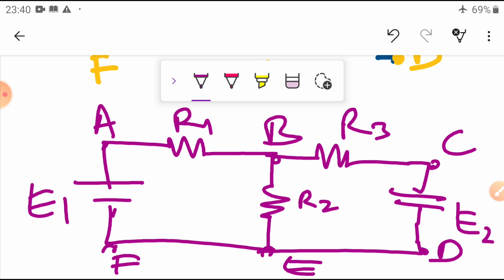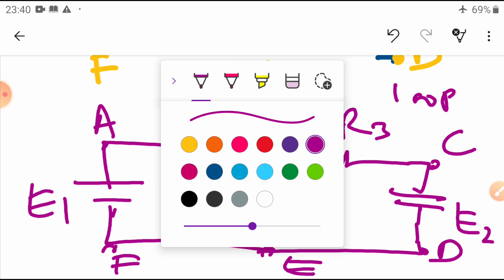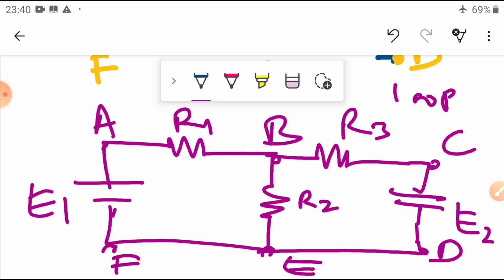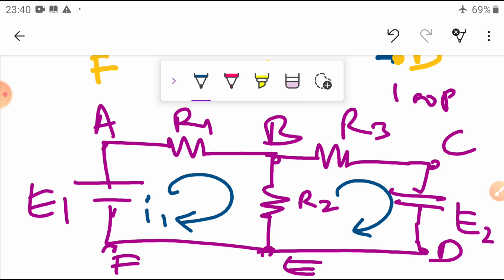In the loop current method, what is the method? Closed loops. Here we assume one loop current I1, clockwise, and another loop current I2, both in the clockwise direction.